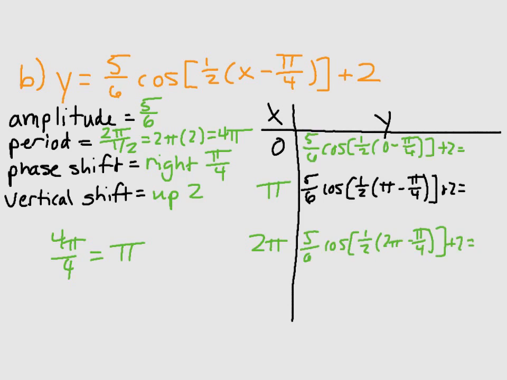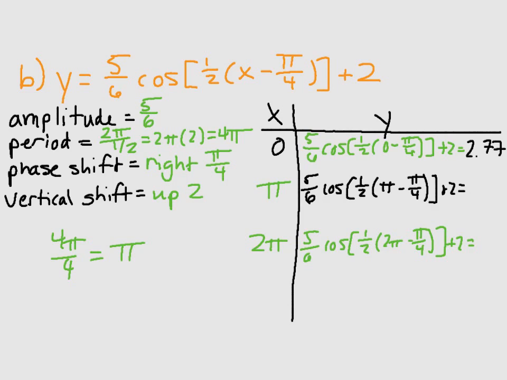So for this one, if I plug in 0, remember it's negative pi over 4, times 1/2 will give me negative pi over 8. So there I need to use my calculator to begin with for cosine. So plugging that in, and then taking 5/6 times that plus 2, I get a value of 2.77. When I plug in pi, that gives me 3 pi over 4 times 1/2 is 3 pi over 8.